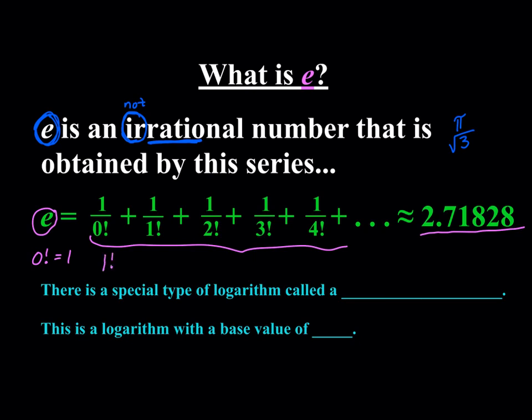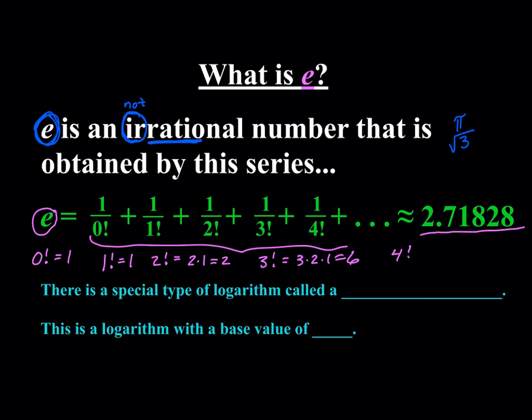1 factorial is also equal to 1. 2 factorial is equal to 2 times 1, which is 2. 3 factorial is equal to 3 times 2 times 1, which is 6.